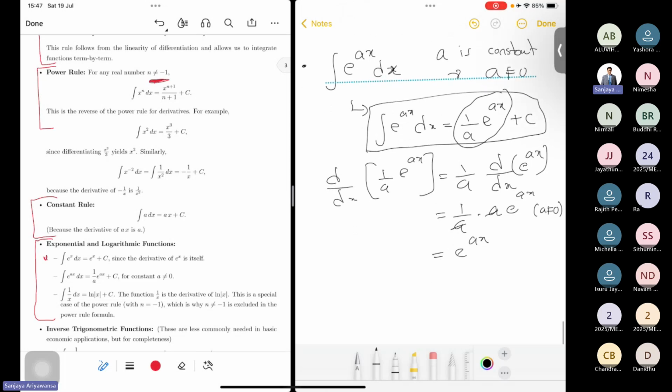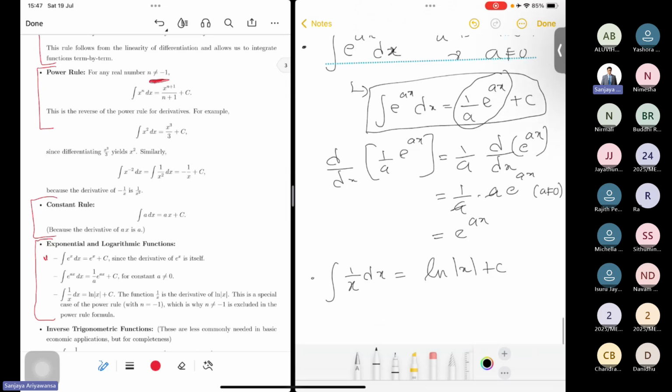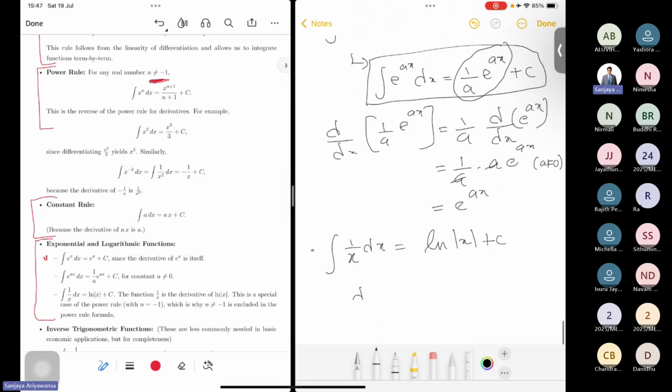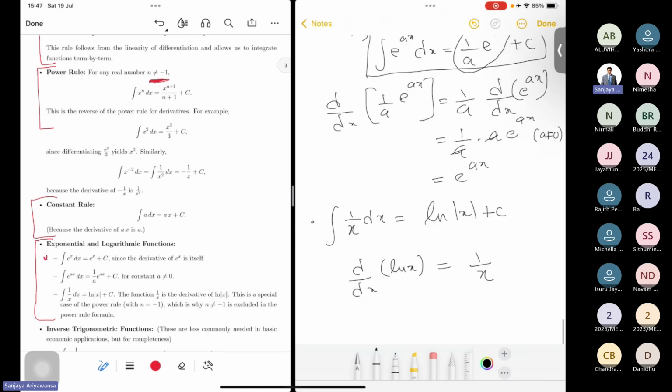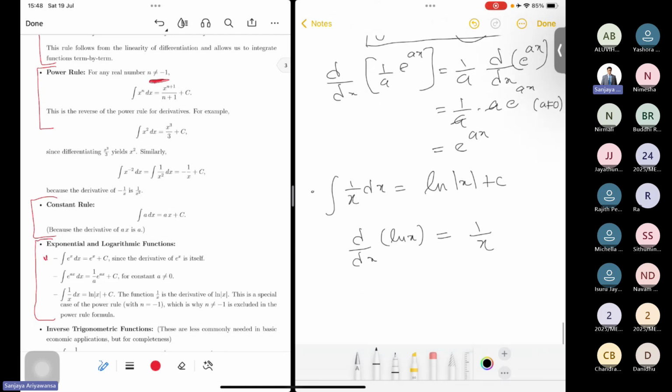Then you have finding the antiderivative of 1 over x dx, and that is simply log x plus c, right? Because if you remember, if you differentiate log x, we got 1 over x. So if you find the antiderivative of 1 over x, or the integral, you get log x plus c.